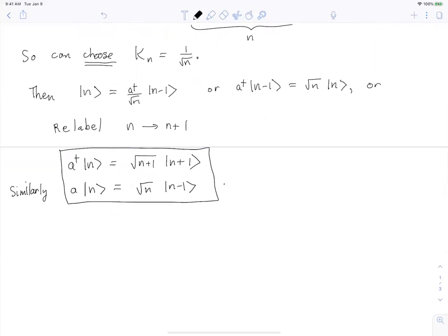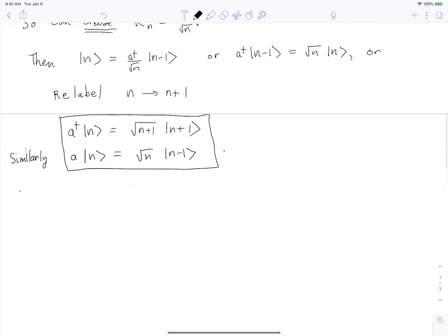So for example, suppose we take a dagger a acting on n. We know what a acting on n is, so we can rewrite this as a dagger times square root of n times n minus 1.